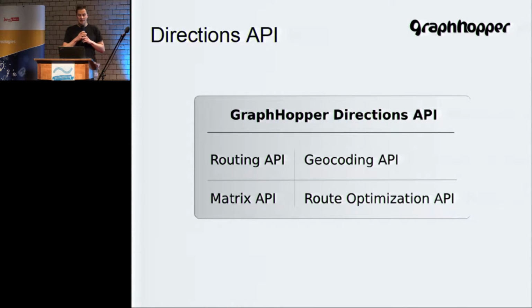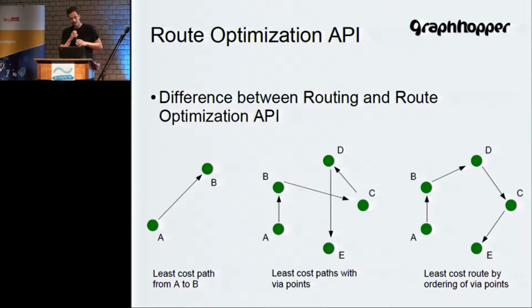And the Directions API basically consists of 4 parts: the routing API, the metrics API, which does many points to many points routing, the geocoding API, and the route optimization API. And before I dive into the route optimization API, I'd like to talk about the differences between the routing and the optimization API.